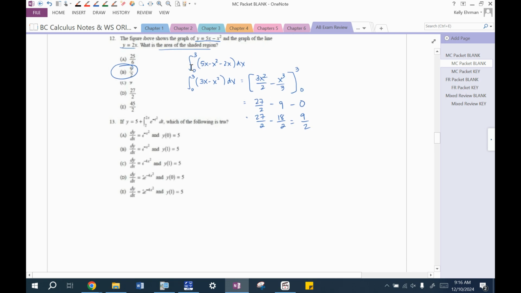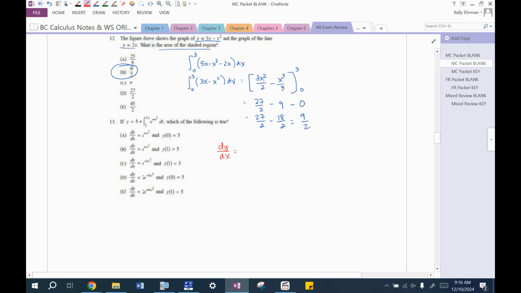Number 13, if y equals 5 plus the integral from 2 to 2x of e to the negative t squared dt, which of the following is true? So we have different values for dy dx and then different points here. So first let's find dy dx.